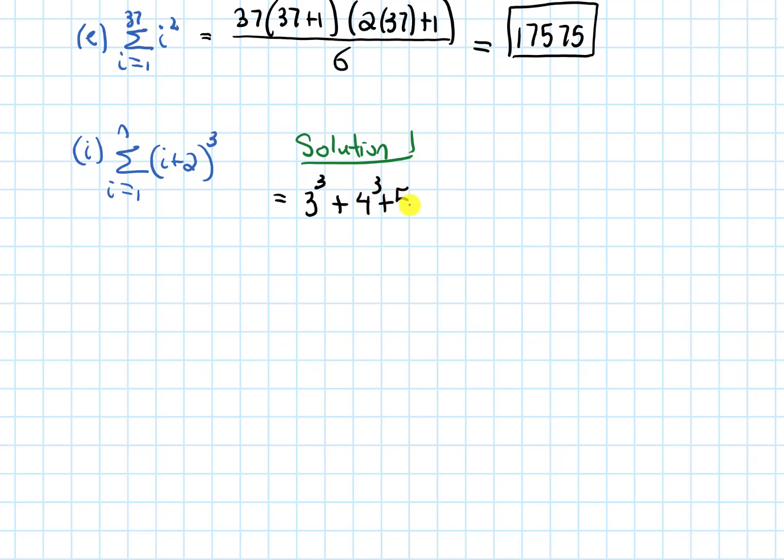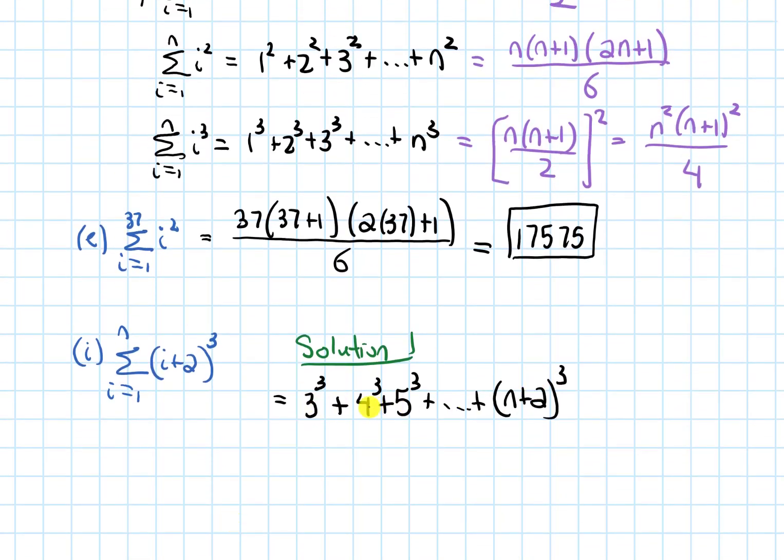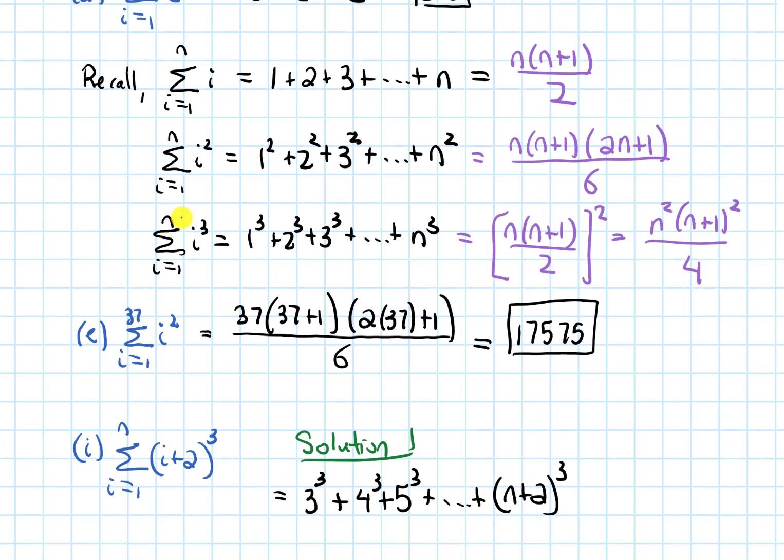If you keep going, you get 5 cubed plus dot dot dot plus, and plugging in n, we get (n plus 2) cubed. So we have a sum of cubes, and that kind of looks like this formula at the bottom where we're summing a bunch of cubes. There's a key difference though. With our sum, it's missing the terms at the front. It's missing 1 cubed and 2 cubed.